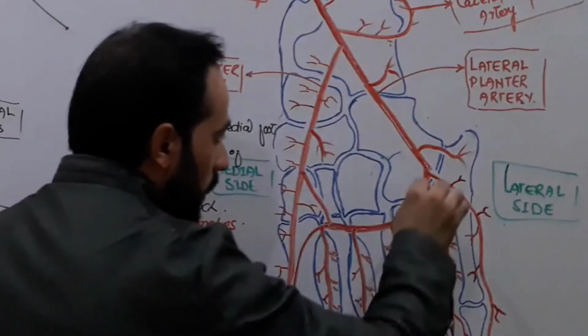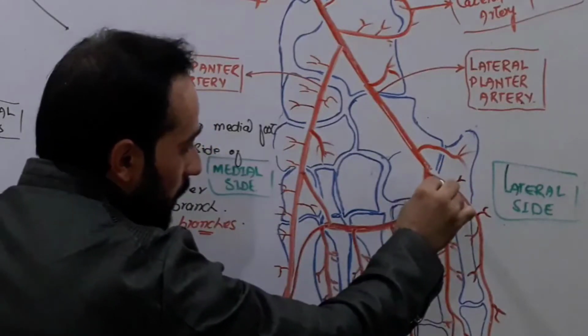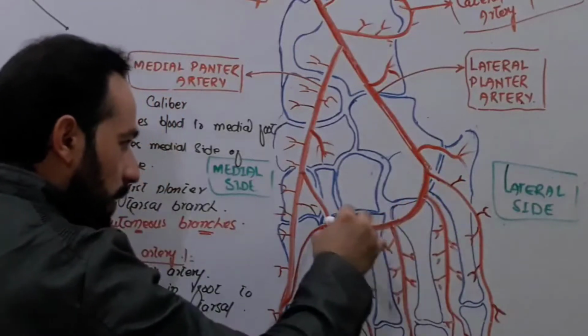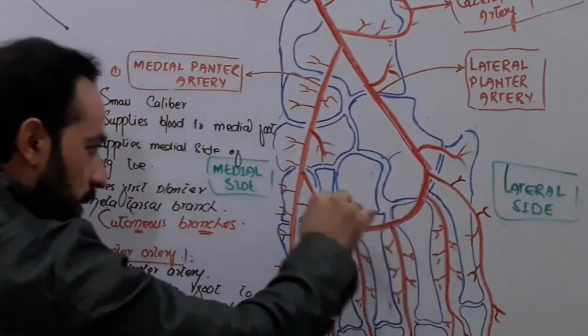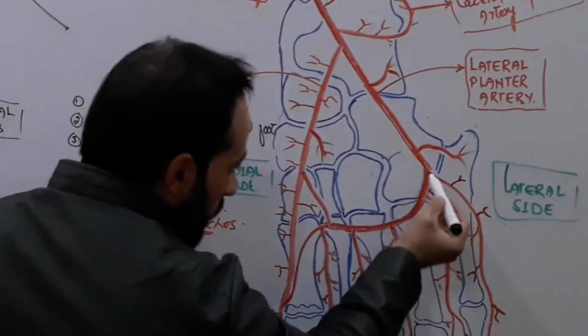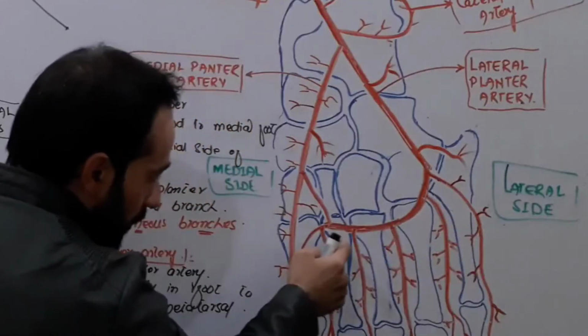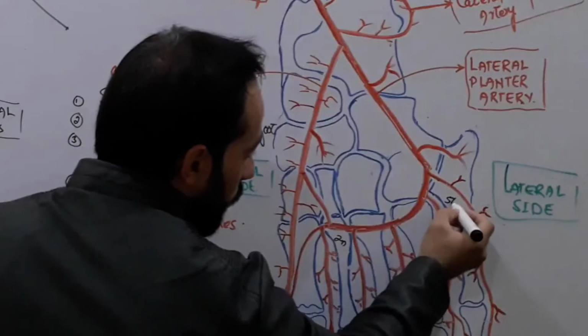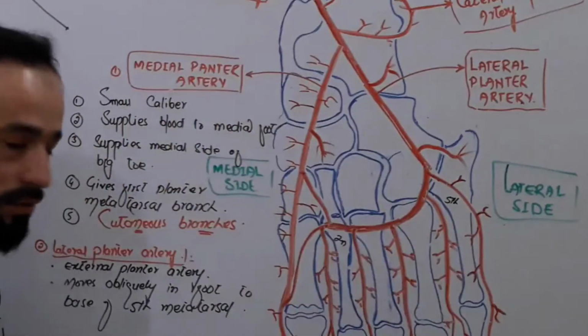The next point is that when it comes to the base of the fifth metatarsal, it makes an arc here. It moves medially, right? Then it moves medially to the base of the second. This is our second and this is our fifth metatarsal, right?